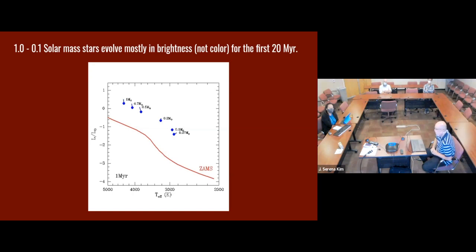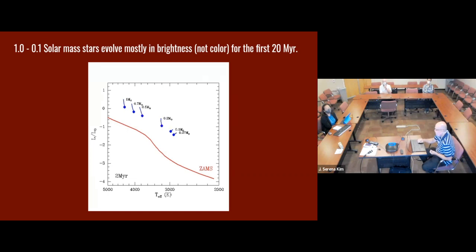For those who don't know, or as a reminder for those that haven't seen this for a while, these are some models showing how stars evolve. Specifically, we're talking about solar mass and less stars. They actually evolve mostly in luminosity and not in color in the first 20 mega years.